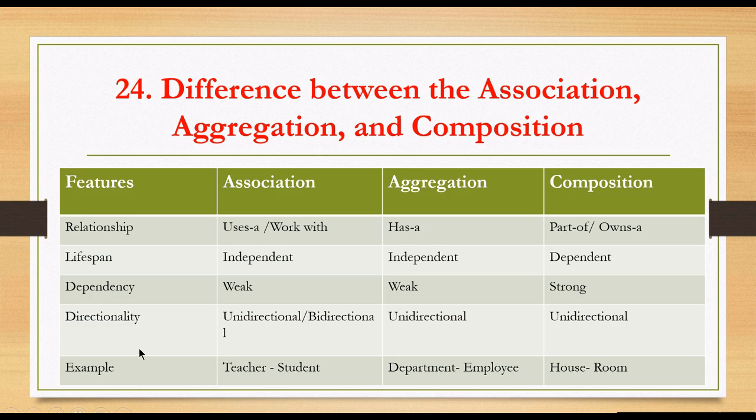Directionality: unidirectional and bidirectional are used in association, unidirectional in aggregation, and unidirectional in composition. And if you see the examples, teacher and student is an example of association, department and employee is an example of aggregation, and house and room is an example of composition.